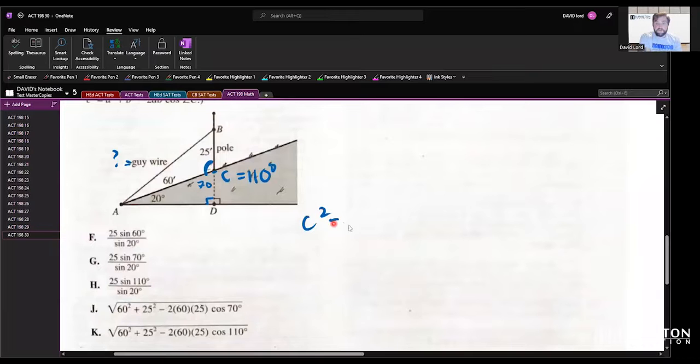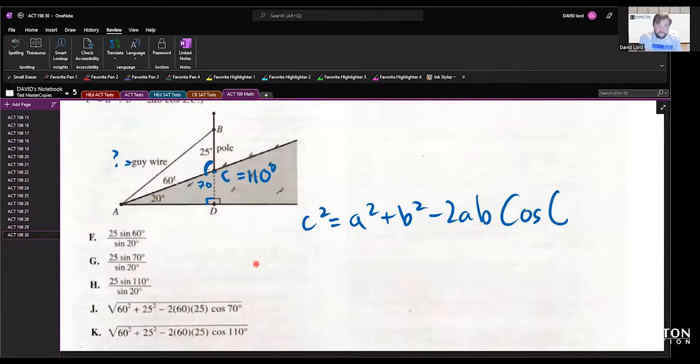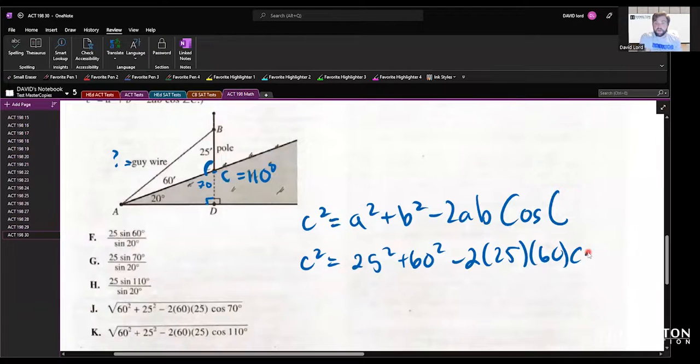So law of cosines is c squared equals a squared plus b squared minus 2ab cosine of the angle between the two sides. So the guy wire is c, so that would be 25 squared plus 60 squared minus 2 times 25 times 60 cosine of the angle 110.